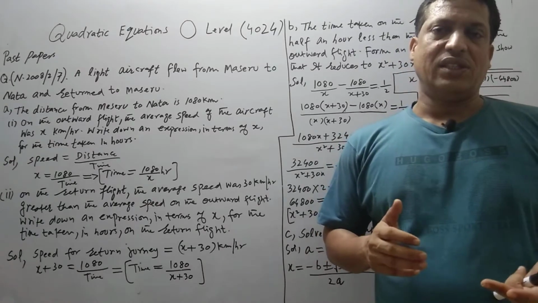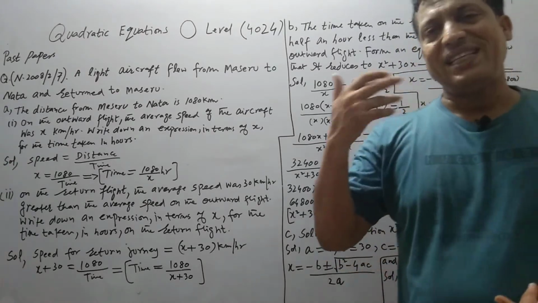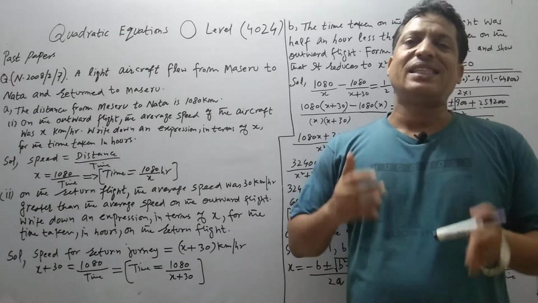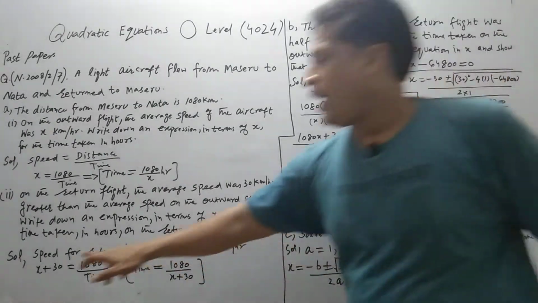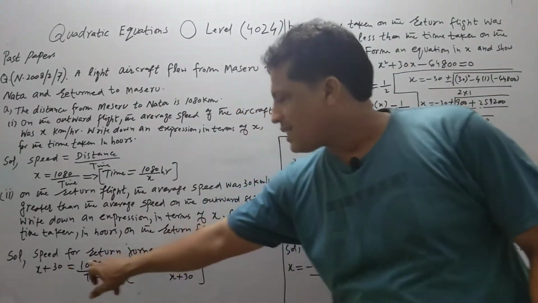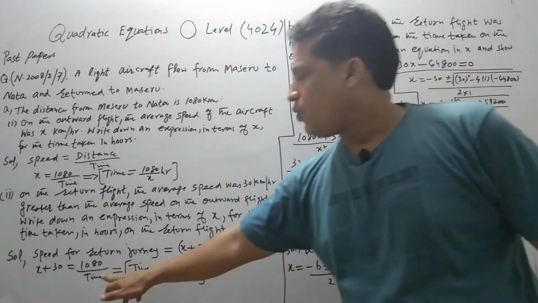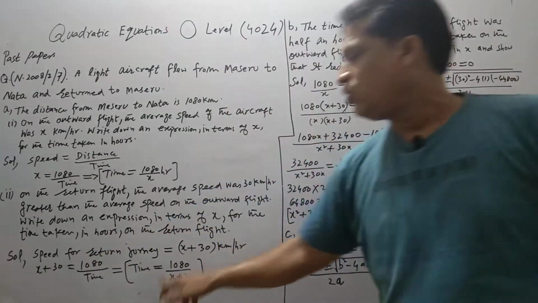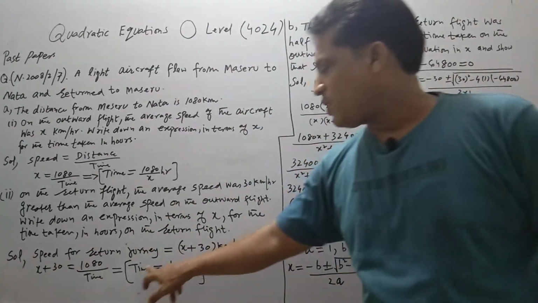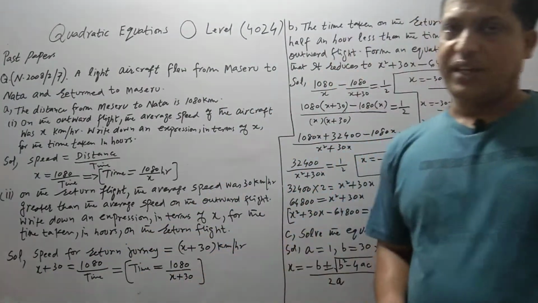Distance doesn't change, no matter whether the speed is increasing or decreasing. So x plus 30 is equal to 1080 upon time. Time is required, so move time to this side and x plus 30 to the denominator. So the new time is 1080 upon x plus 30.